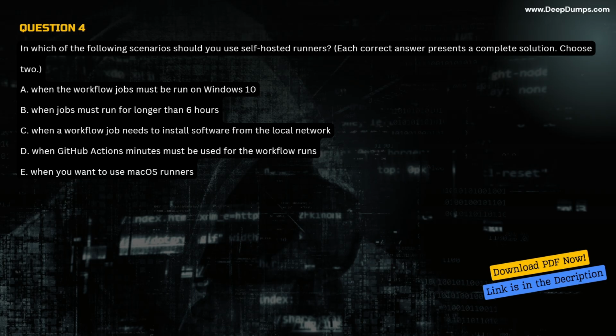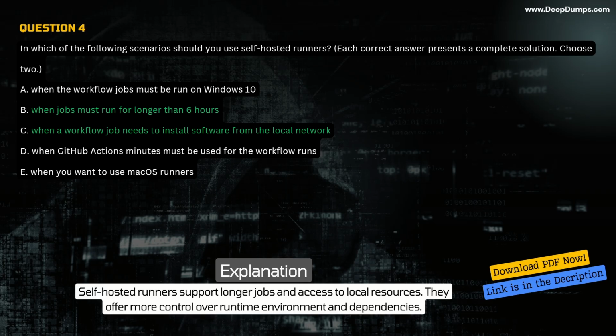E. When you want to use macOS runners. Correct answer B and C. When jobs must run for longer than 6 hours. When a workflow job needs to install software from the local network. Explanation: self-hosted runners support longer jobs and access to local resources. They offer more control over runtime environment and dependencies.